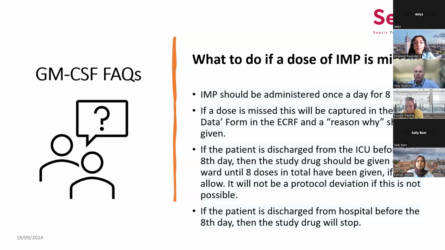When you randomize a patient to the GM-CSF arm, that allocation is given to you on the screen. It'll give you the kit code, and because of all the processes before about allocating the kits on sealed envelope, the system will know which kits are at your site and which ones have been activated, and it'll give you one of those kit codes. Okay, lovely, thank you.